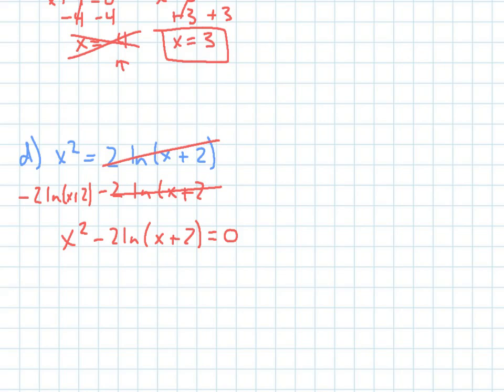So if you go to your equation editor, you plug in x squared minus 2 ln of x plus 2 in parentheses and graph, and where it crosses the x-axis are going to be your solutions. Now since it's squared, there should probably be 2 solutions here. Now if I go with a standard window from like negative 10 to 10 for both the x and y axis, I can see that my graph crosses the x-axis.